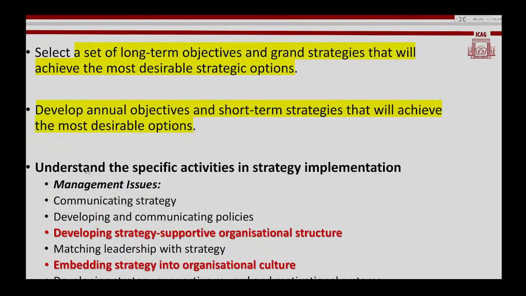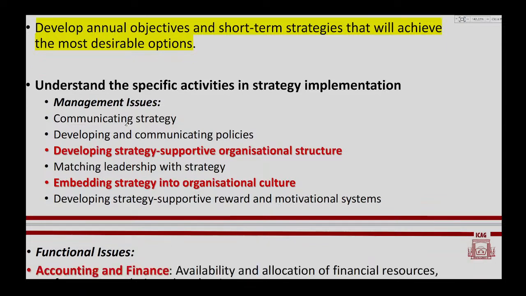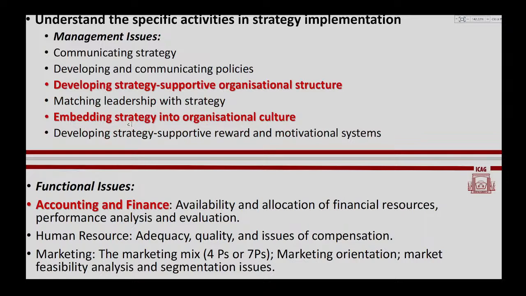Now, there are also specific activities which you have to understand. That what we just talked about was what? Strategic analysis and what? And choice. Now you have to identify specific issues. When it comes to implementation, we call them management issues, like communicating strategies, using KPIs, CSFs, looking at developing and communicating policies, and also looking at a supportive organizational structure, matching your leadership with strategy, embedding strategy into organizational culture.